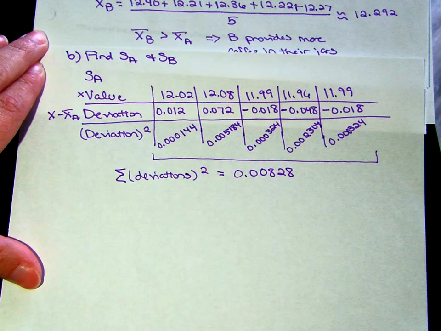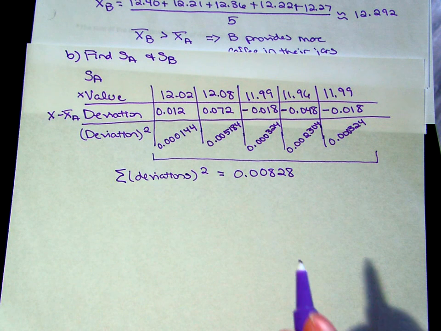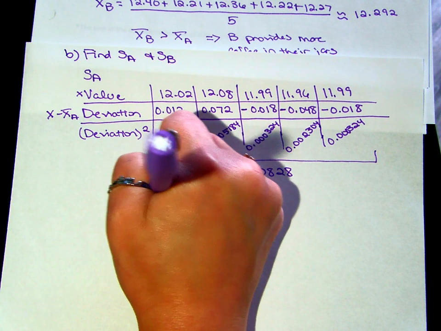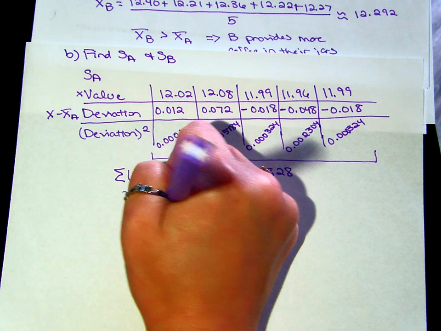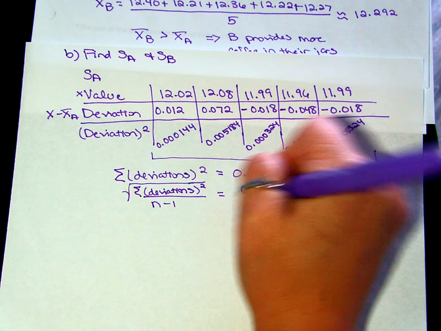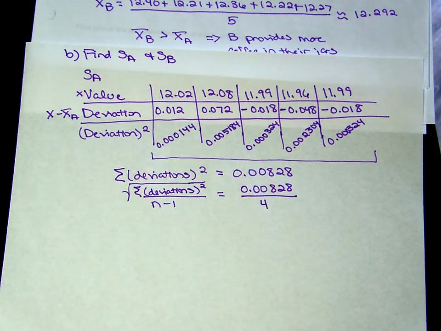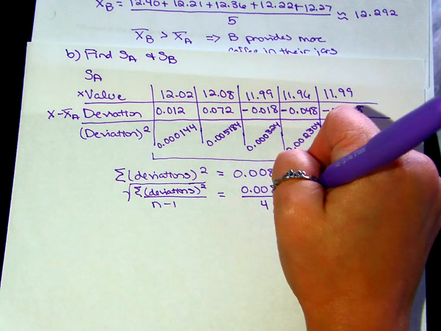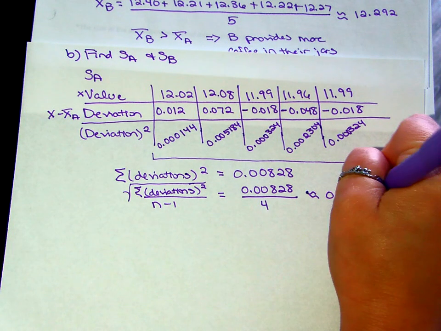And then if you remember, it's the sum of our deviations squared divided by n minus 1. So we're going to take 0.00828 and divide that by 4 because we had 5 jars of coffee that we were looking at. So 5 minus 1 is 4. And we find that our standard deviation is 0.0455. So they do a pretty good job of filling their coffee, I feel like.